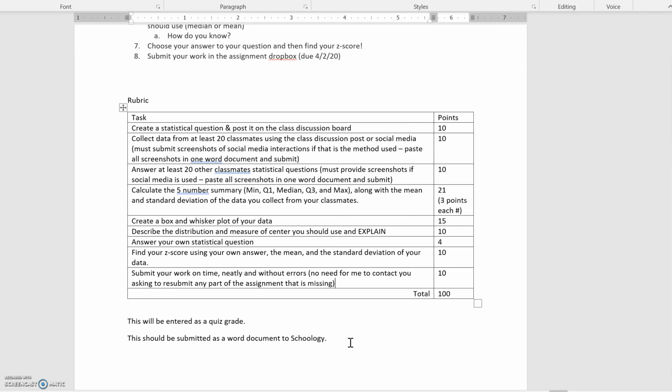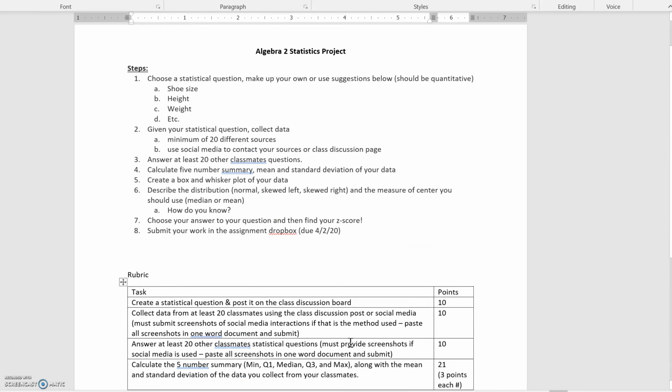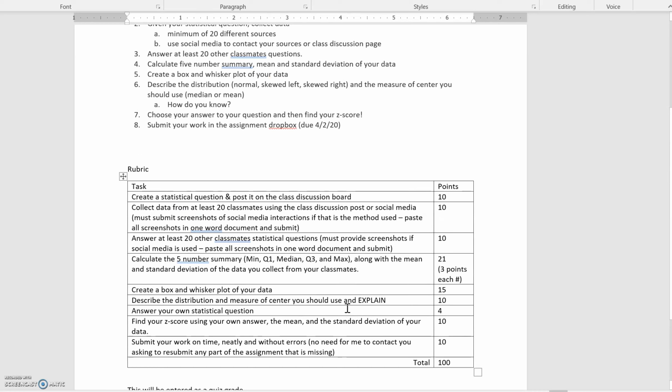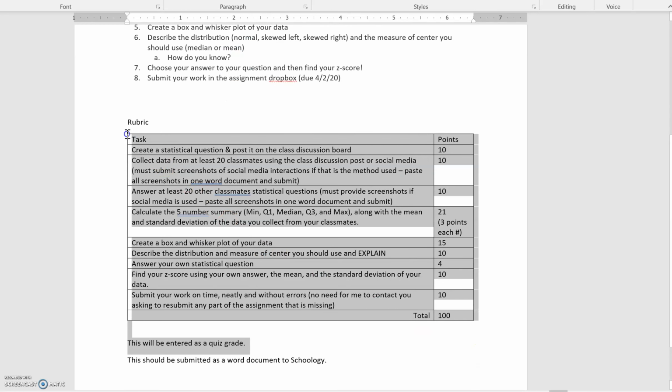I'm not giving you a blank Word document as a template because part of the process is you learning how to figure out an organizational method that works for you, as a statistician would. I want one single Word document submitted for this project, and it should contain all of this.